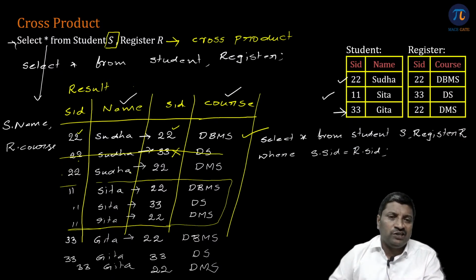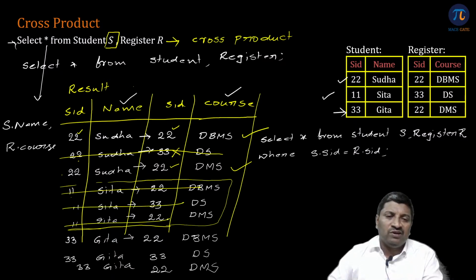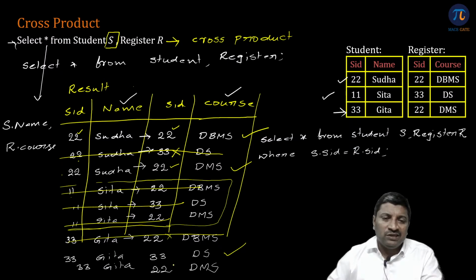Then s dot sid equal to r dot sid. So this will be done. 11 not equal to 22. Strike it. 11 not equal to 33. 11 not equal to 22. Then 33, 22 not equal, sir. Leave it. 33, 33 match. 33, 22. Leave it.